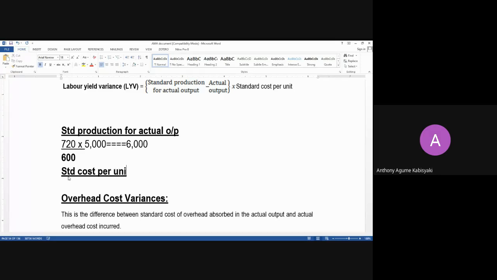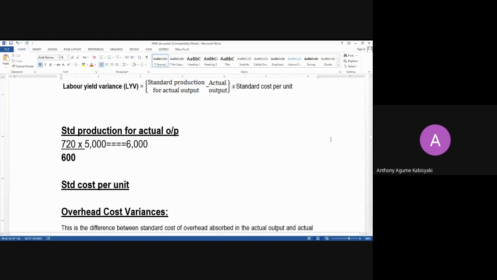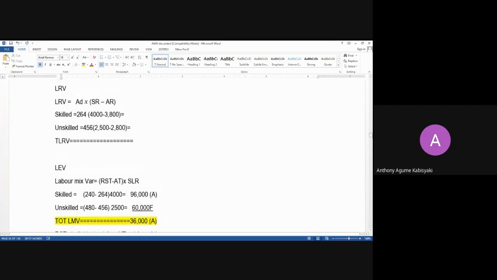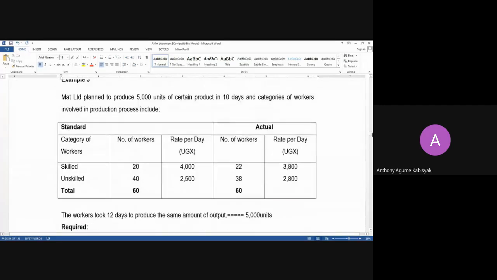per unit. So what is the standard cost per unit? I need to say for skilled, what is it? What is for skilled?